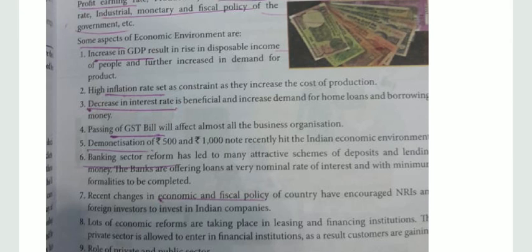Thirdly, a decrease in interest rate is beneficial and increases the demand for home loans and borrowing money. Fourth, the passing of the GST bill will affect almost all business organizations. We have seen in reality that the passing of the GST bill affected almost each and every business.